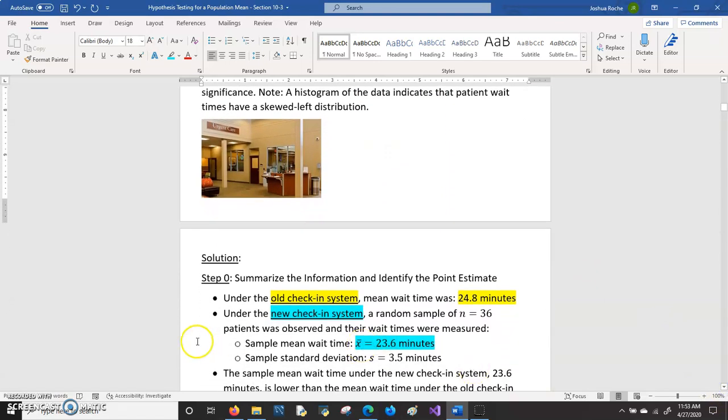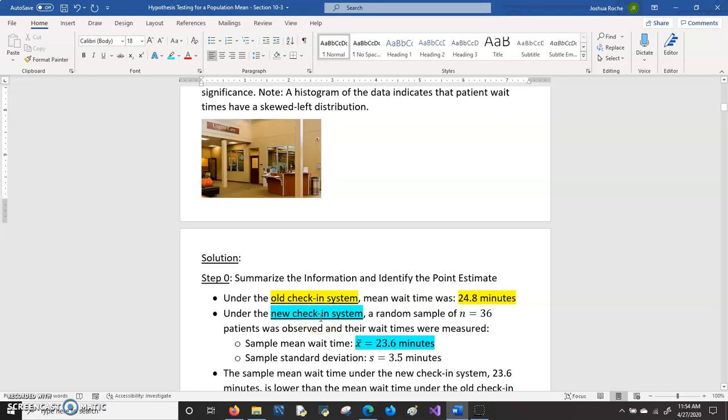To start, at step 0, we'll summarize the information and identify the point estimate. This hypothesis and this study are comparing two different wait times. The wait time under the old check-in system, which was 24.8 minutes, and the wait time under the new check-in system.